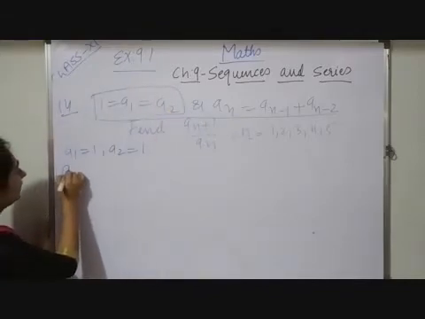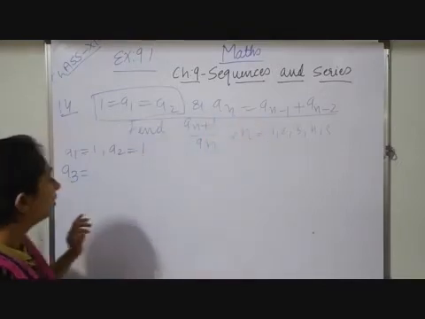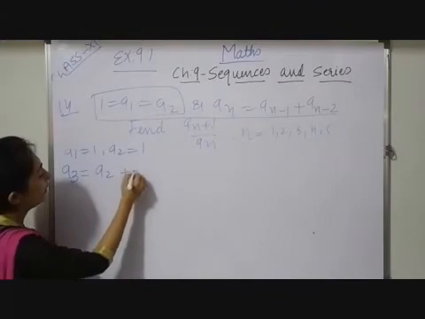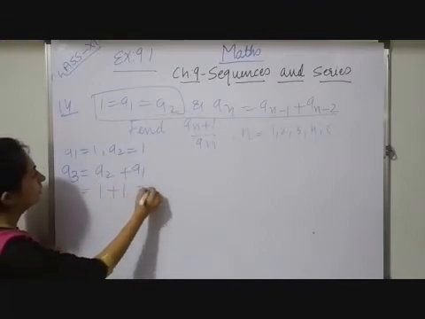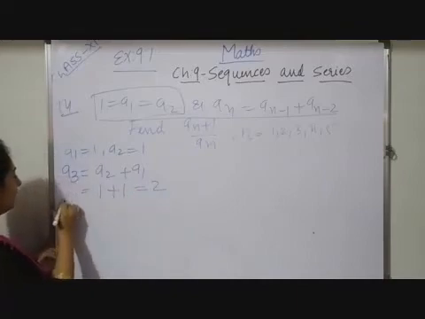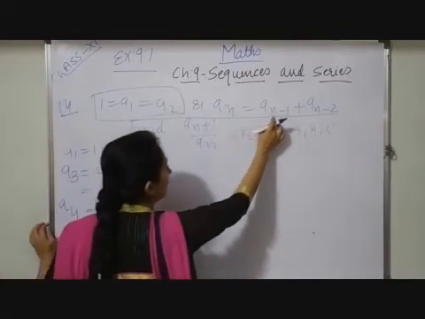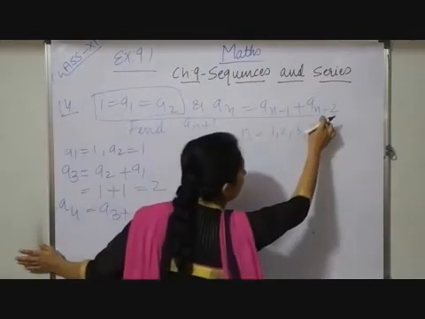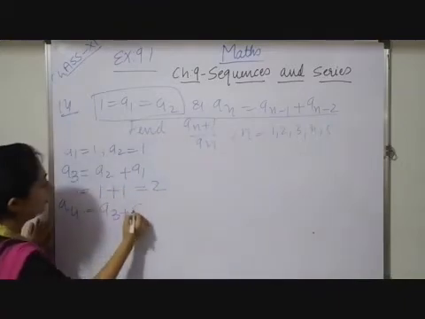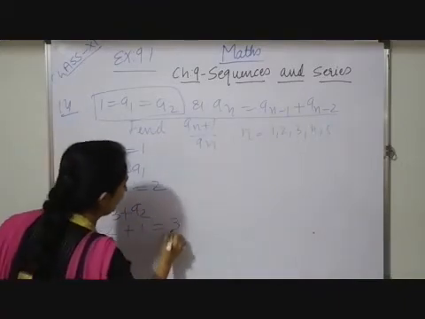Now, for a3, in place of n I am writing 3. So here I will get a2 plus a1. The a2 term I know is 1, the a1 term is also known, so the sum is 2. Now, the a4 term. a4 means a4 minus 1, that is a3, plus a2. Now, a3 is 2, a2 is 1, so I will get 3.